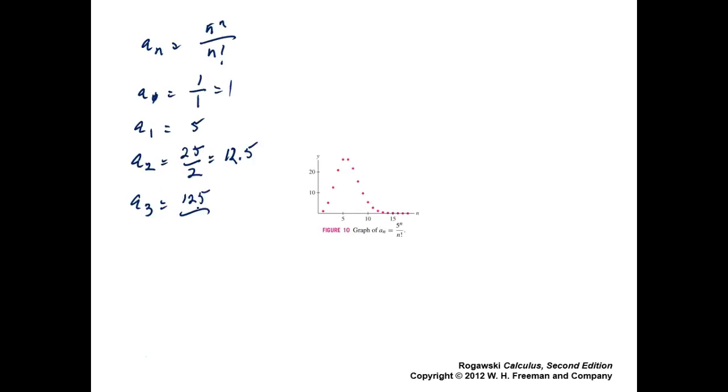You know what 3 factorial is? 6, 3 times 2 times 1. So this would be 20.833 or something like that. A sub 4, what would that be? Is that 625, isn't it? All right, we're getting there.